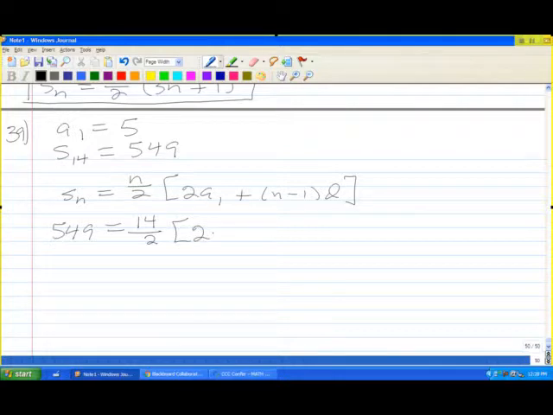The first term is actually given. It's 5. So I'll plug that in. N is 14. The only thing I don't know is D, the common difference. And so I have one equation, one unknown. So I should be able to figure that out.